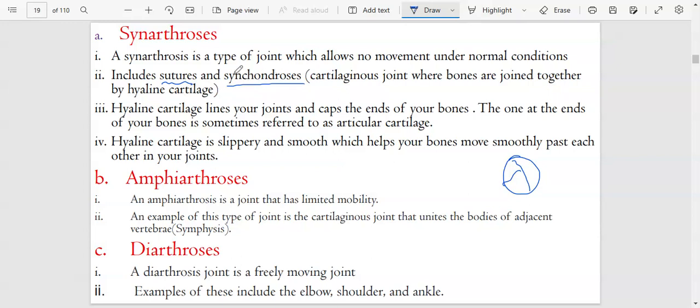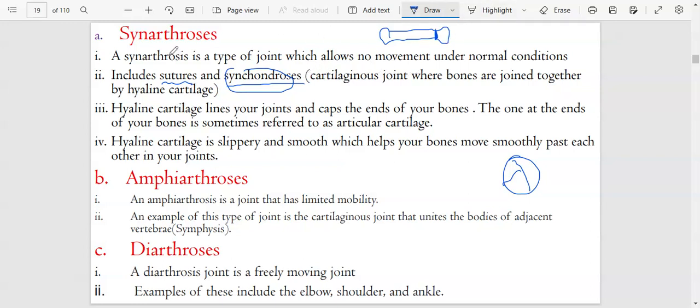Mostly these synchondrosis joints are going to be found on the growth plate. If you consider a long bone, you are going to have what we call the growth plate here. This is a point which allows the bones to grow. This is where we're going to find this type of joints. It's a cartilaginous joint. All right.